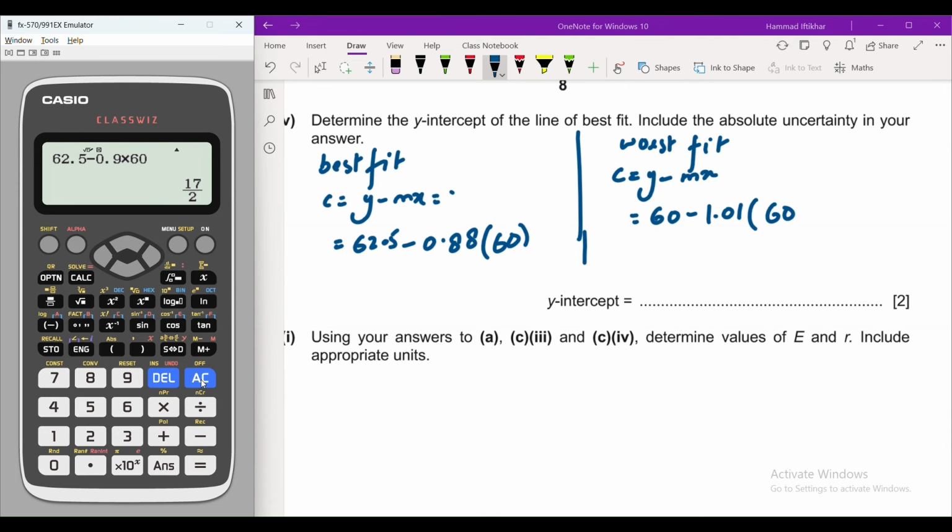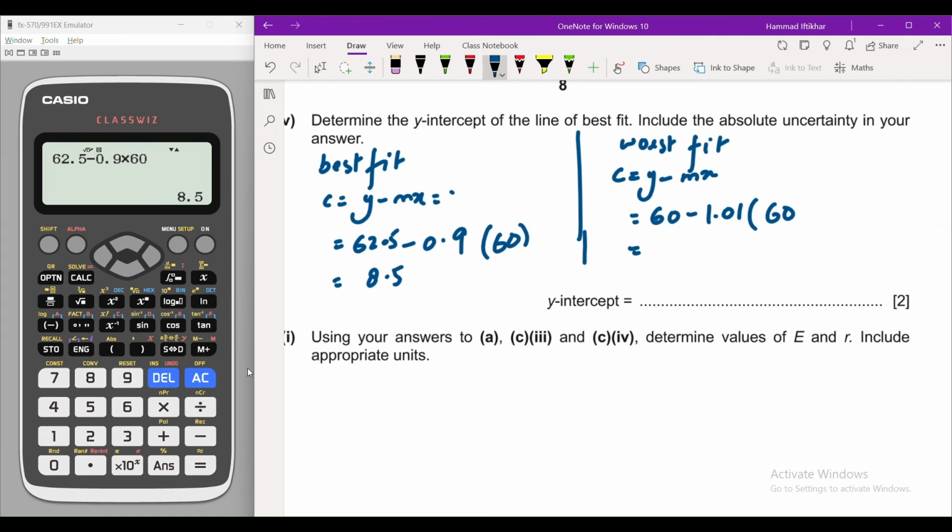If you choose 0.9, it's going to be this; if you choose 0.88, it's going to be 9.7. So 8.5 to 9.7, that's not quite a lot of difference. It's up to you. Let's use 0.9 since we already wrote it. So that's 8.5.